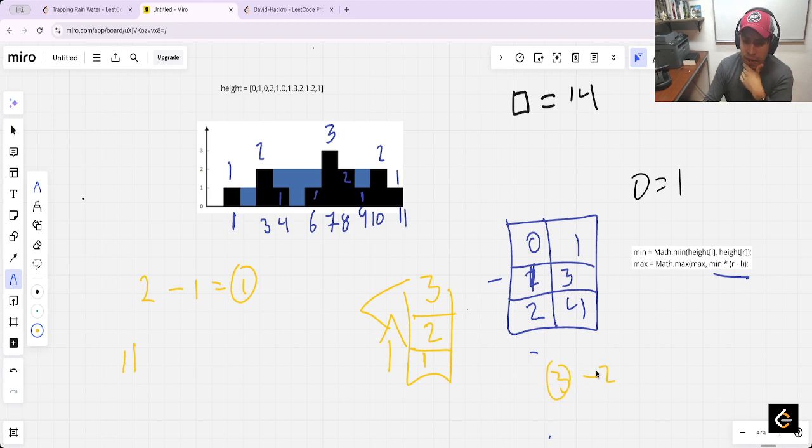The minimum value between 3 and 2 is equal 2, and the length of the size between this and this is 7 less 3, it's equal 4. Okay, no, it's 4, multiply for the mean is 2, that is 8.